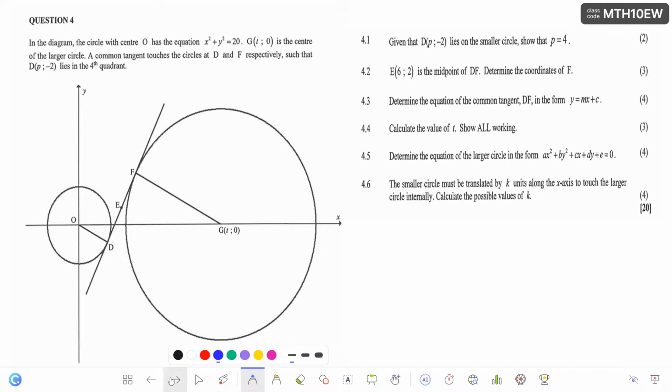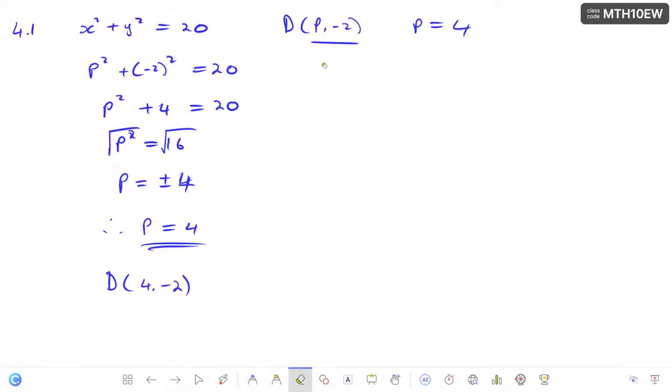So, okay, this one is going to be simple. We are given E as a midpoint, which is 6 and 2. And we already calculated D, or if you fail to calculate D, just need to know that P is 4, and then the other one is negative 2. So use this point and this point in order to find this. So how can we do that? We can use a midpoint formula.